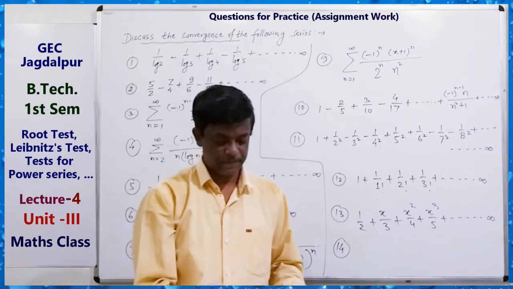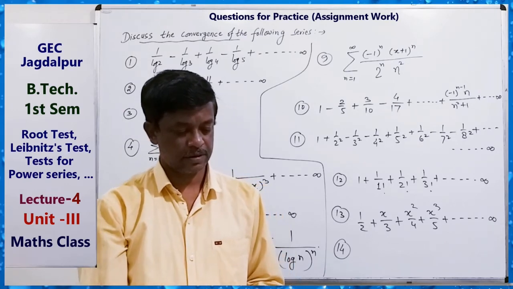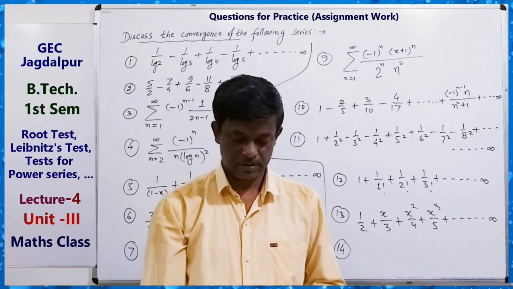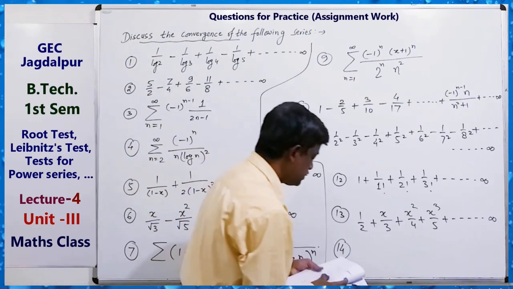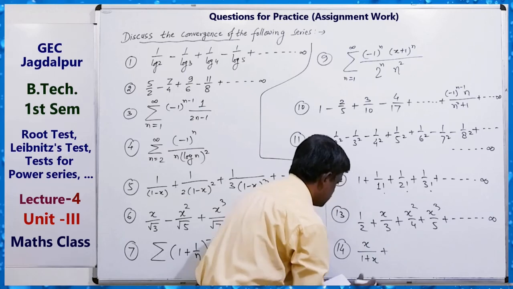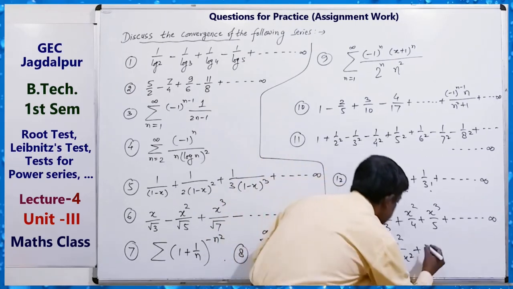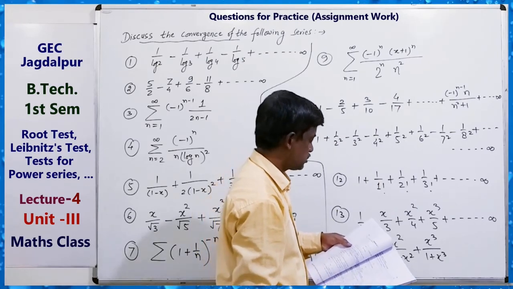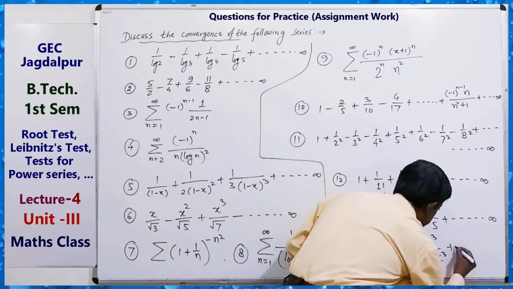Sum of this series: x upon 1 plus x, plus x square upon 1 minus x square, plus x cube upon 1 plus x cube, minus, and so on.